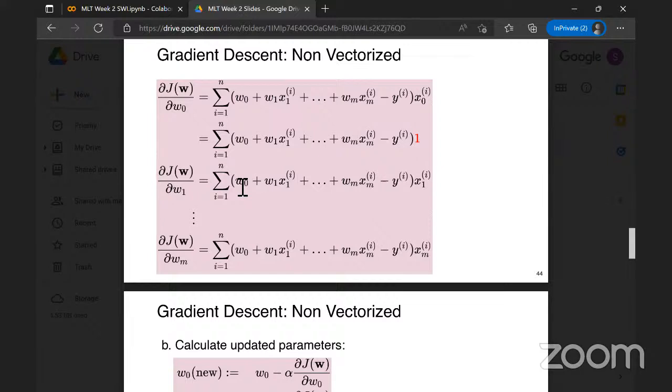Then you will find that only the second quantity has W1 in it, W1x1. So the derivative of that will become x1 and everything else will become 0, right?